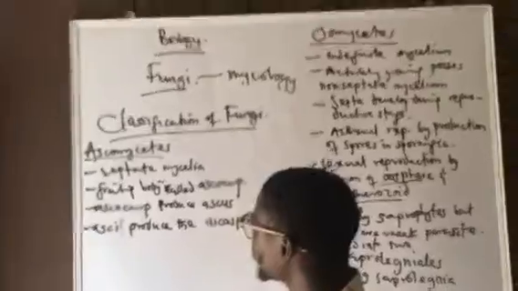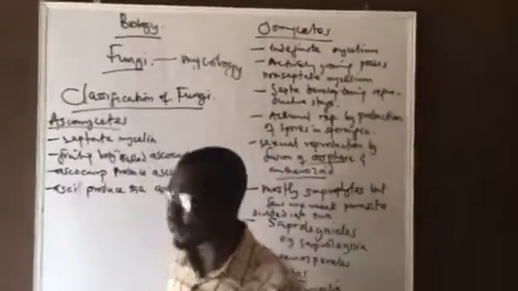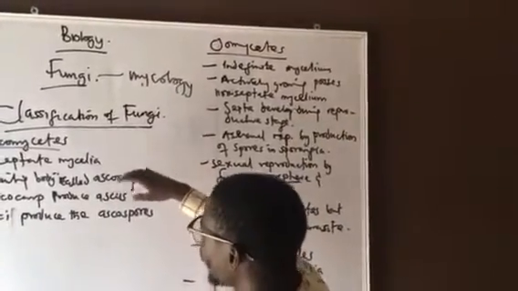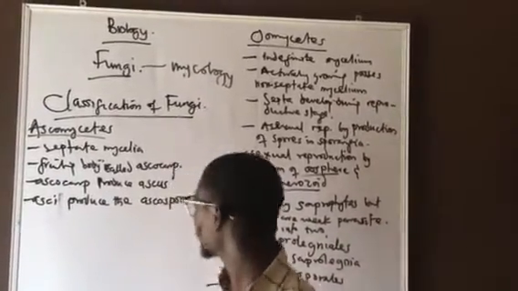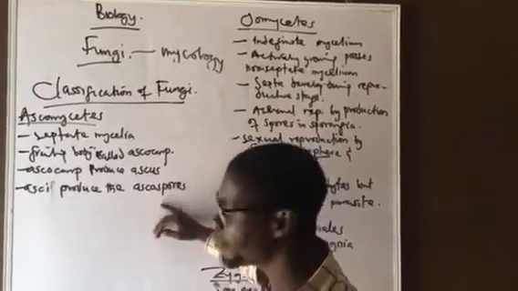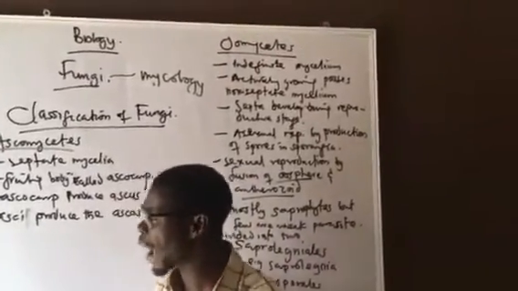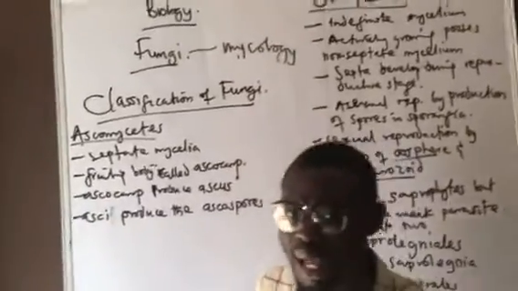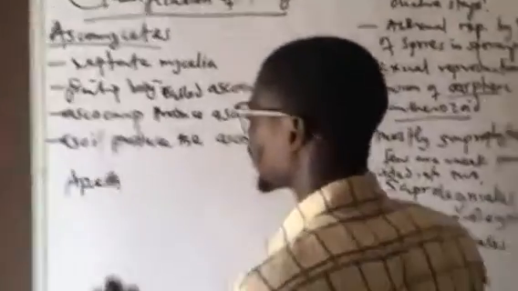Ascomycetes have an elaborate fruiting body, as we have said, and they carry out sexual and asexual reproduction.